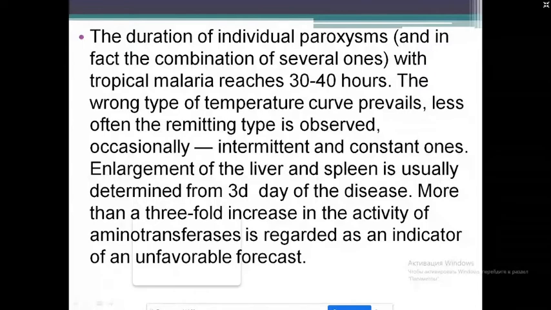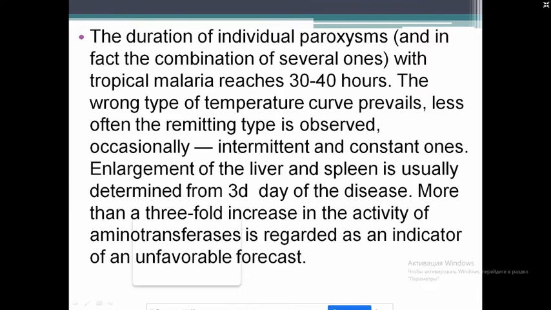The duration of individual paroxysms, and in fact the combination of several ones, with tropical malaria reaches 30-40 hours. The long-lasting temperature curve prevails, less often the remitting type is observed, occasionally intermittent and constant ones. Enlargement of the liver and spleen is usually determined from the third day of the disease.